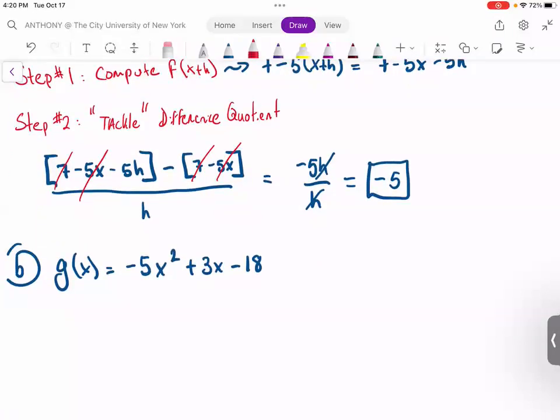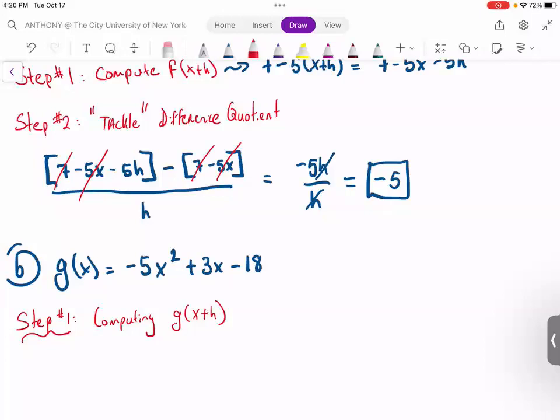Well, step number 1 is, again, to compute, this time, g of x plus h. Okay. So how do I compute g of x plus h? The way I compute this is wherever I see an x, I'm going to replace it by x plus h.